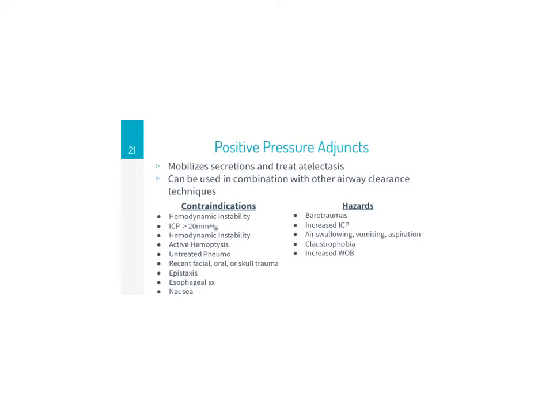They are also taking smaller tidal volumes, so that's the hyperinflation part, and we're helping them move their secretions. So we're going to help prevent atelectasis. This can be used with other airway clearance techniques, so postural drainage, CPT, the vest, PEP therapy, all of those.